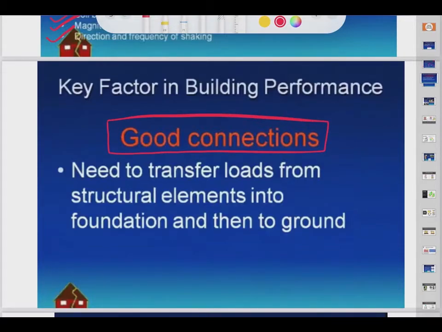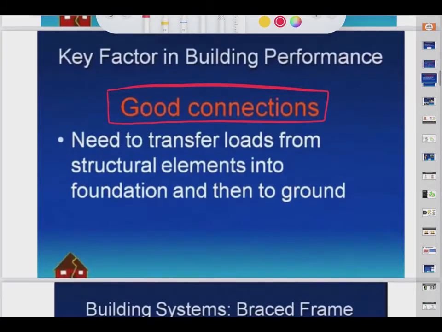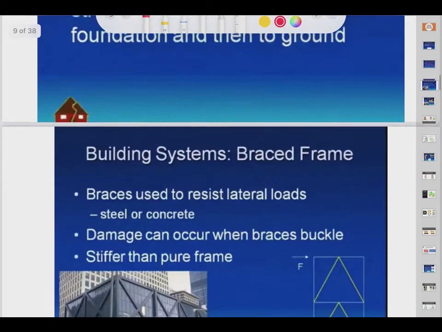The end connections between different structural elements should be properly designed, because the inertia load is transferred from one element to another, and from another to the lower element, and like this it is transferred from top to bottom. So they have to be designed properly. This load which we are talking about here is the inertia load, going from one structural element into the foundation and then to the ground.